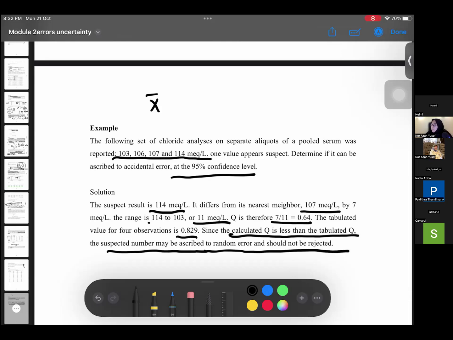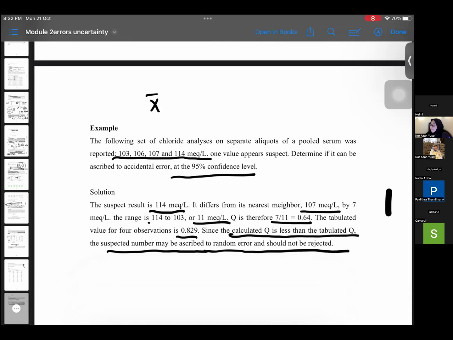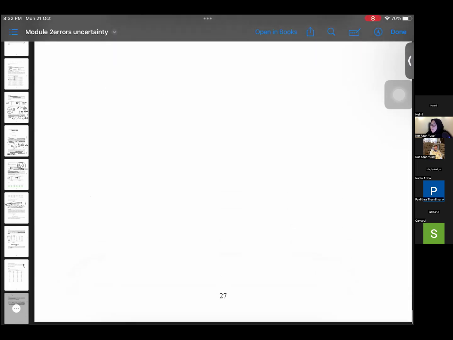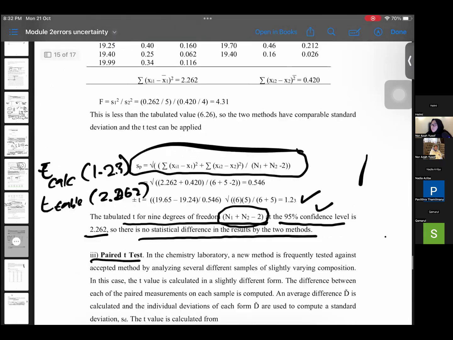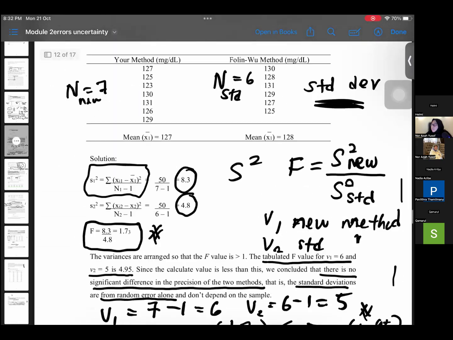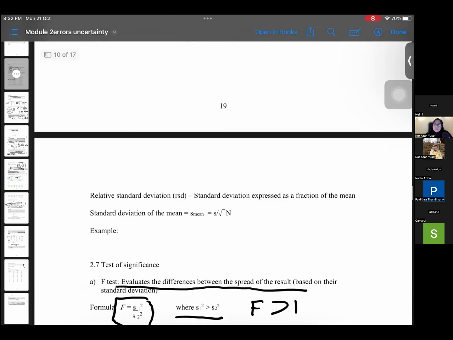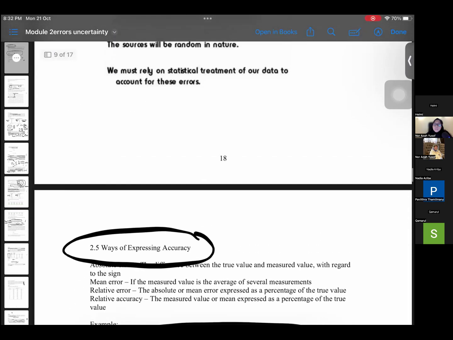Okay, right. So I think that's it for the analysis examples for the Q-test, F-test, and the three types of T-test.